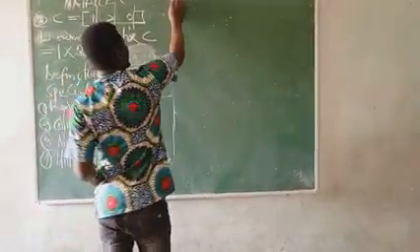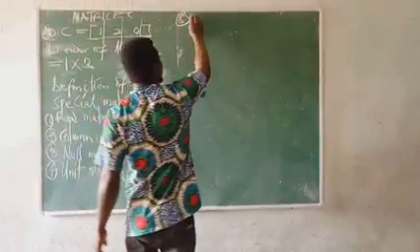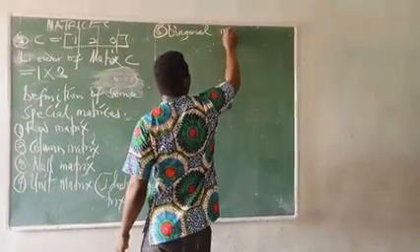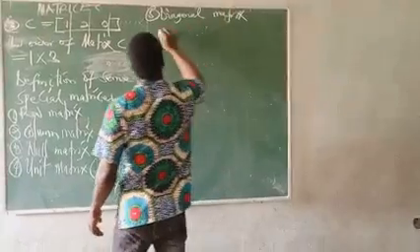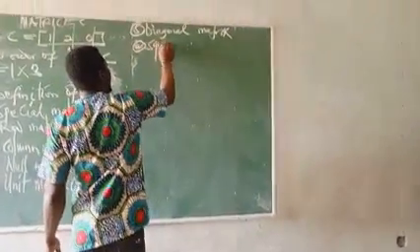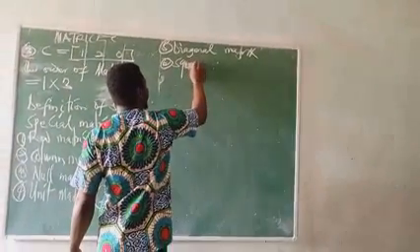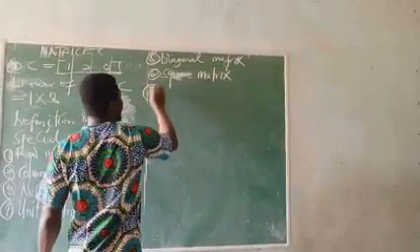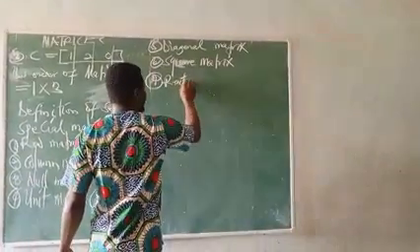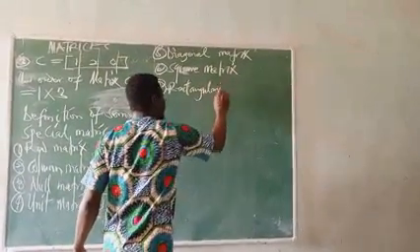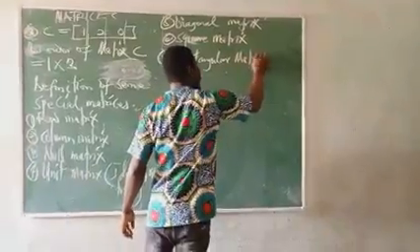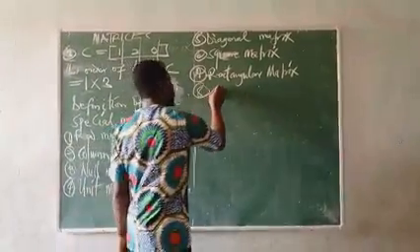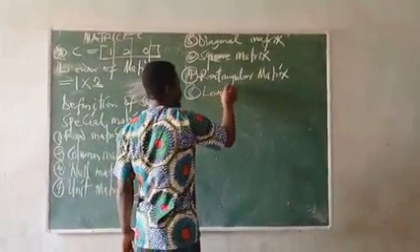So number 5, we have the diagonal matrix. And number 6, we have what we call a square matrix. And then number 7, we have a rectangular matrix. Then number 8, we have the lower triangular matrix.